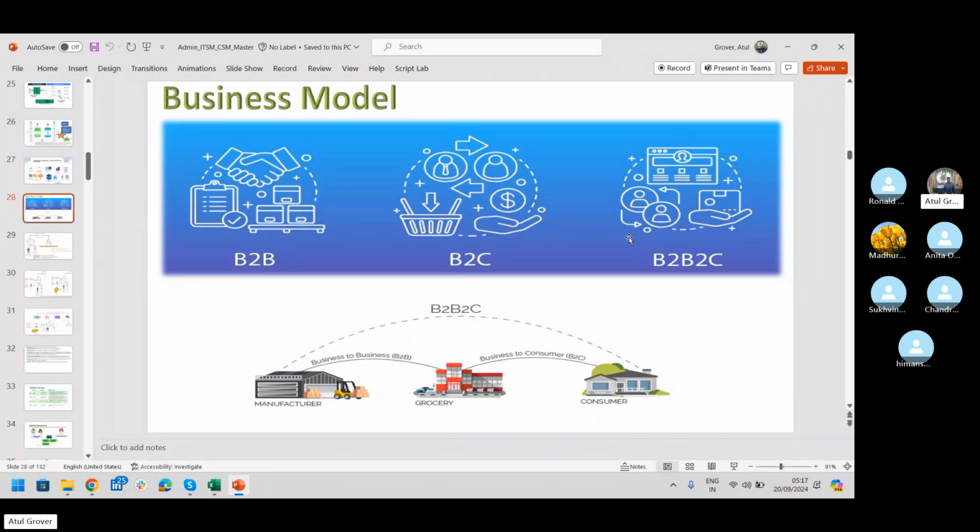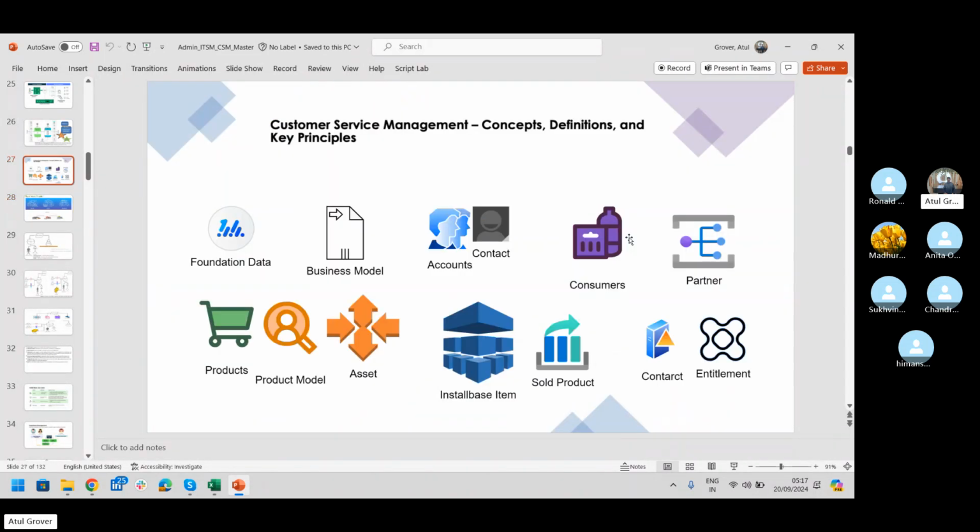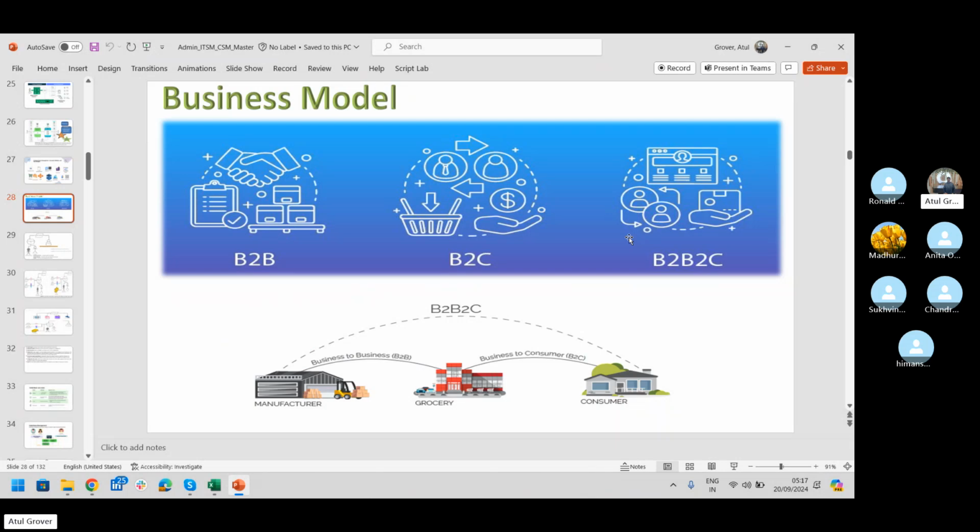Now let's come to the second concept, business model. I'm sure this topic will clear the thought of why we need a CSM. As per ServiceNow, we have a total of 3 types of business model: B2B, B2C, B2B2C.